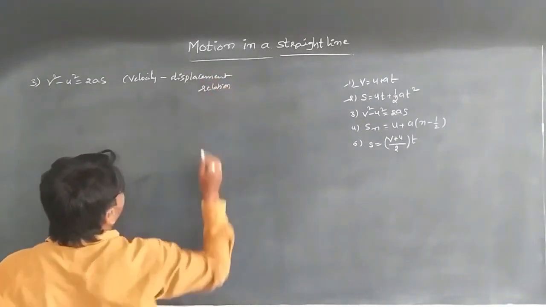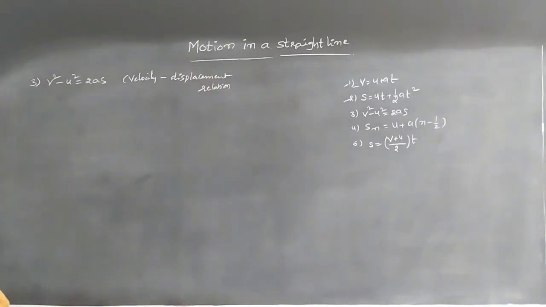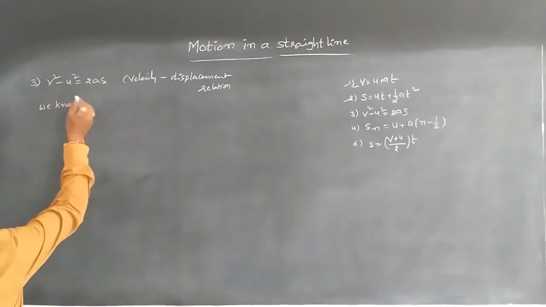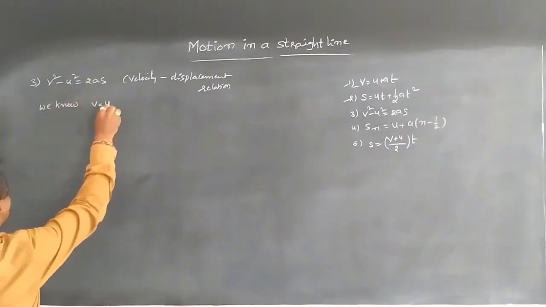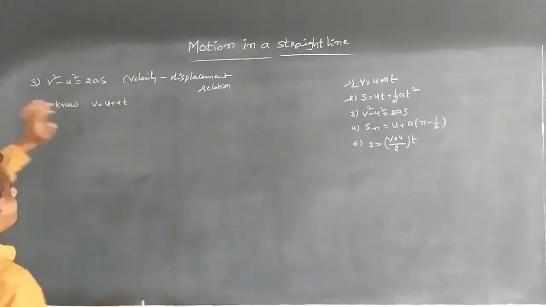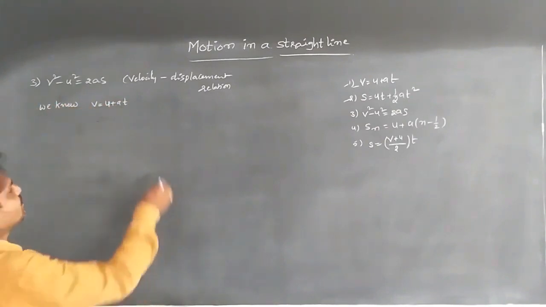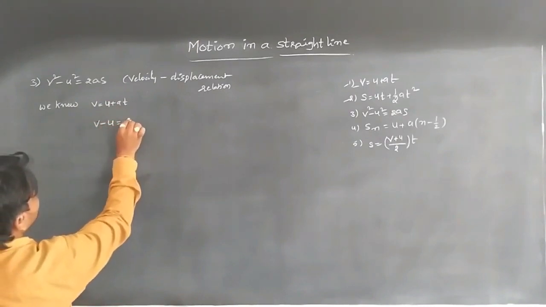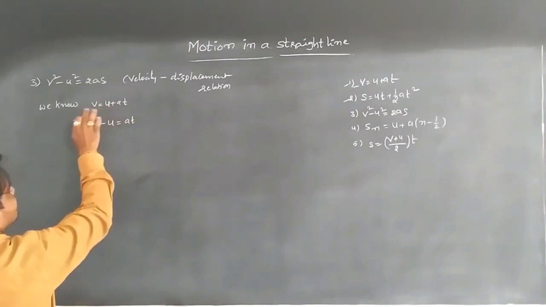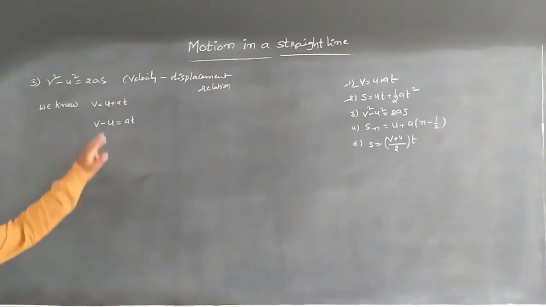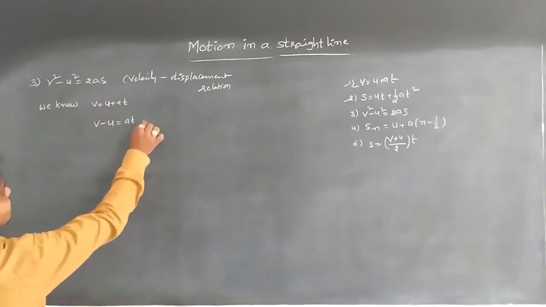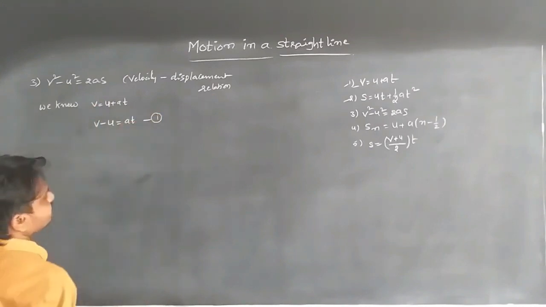From this we know v is equal to u plus at, the first kinematical equation of motion. From that equation we can write v minus u is equal to at, by taking u to this side, plus u becomes negative u. Consider this equation number 1.